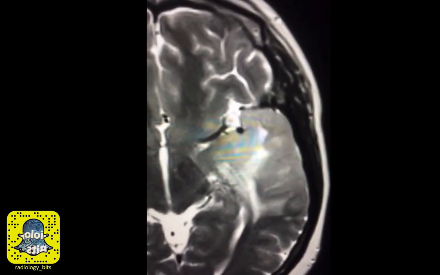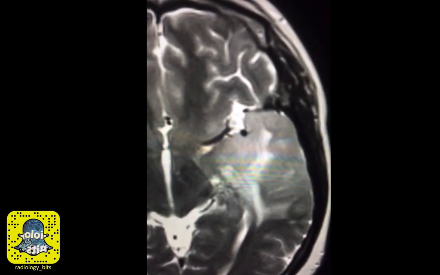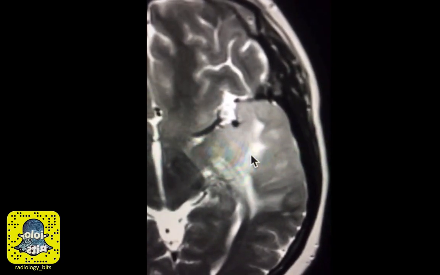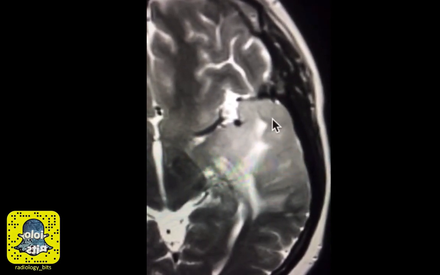This is also a very good case to show you a few features of diffuse low-grade astrocytomas in the form of a large area of high T2 signal intensity, good definition of the gray-white matter junction, and thickening of the cortex.